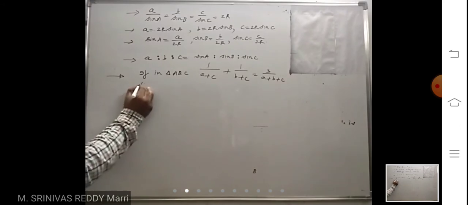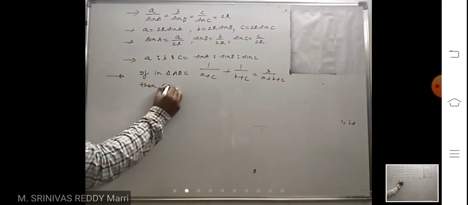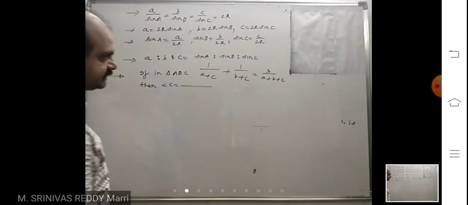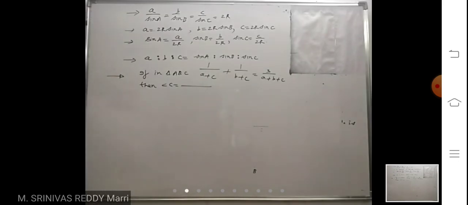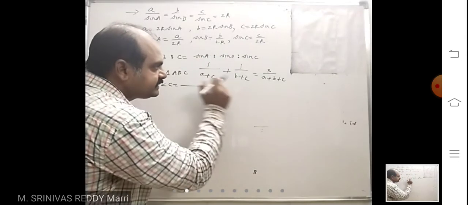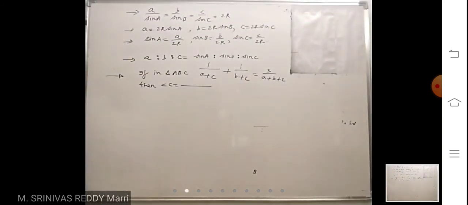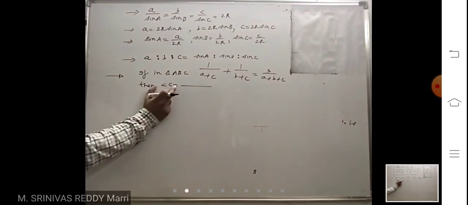Then angle C equals dash. Like that, one relation between the sides is given. Then you have to calculate what is angle C.